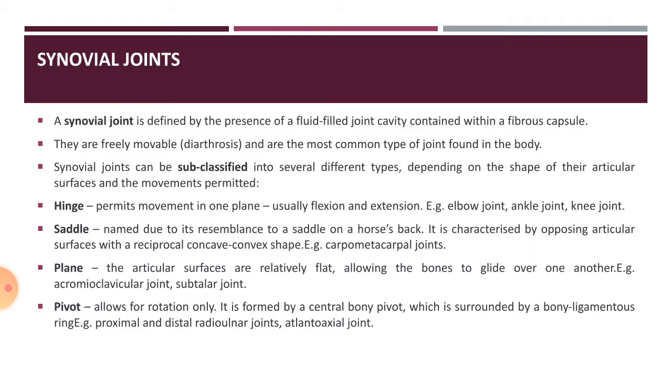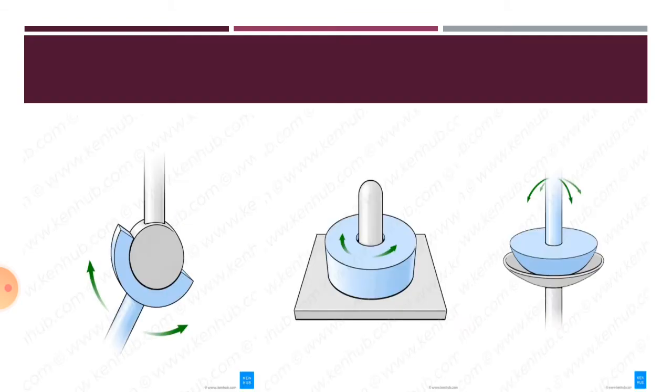Next type is pivot, and pivot is formed by a central bony pivot which is surrounded by a bony ligamentous ring. So there is a ring and a pivot. The center image is showing a pivot type of joint, and you can see a ring and a pivot.